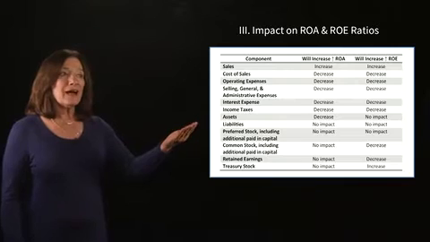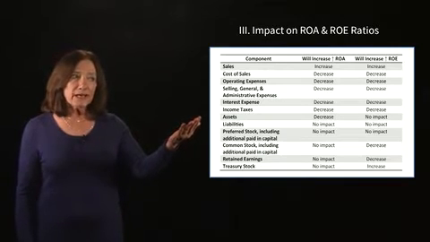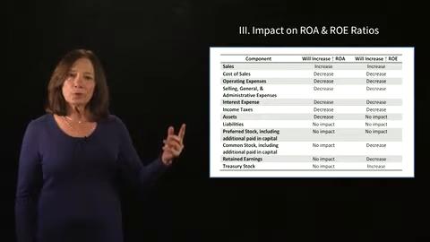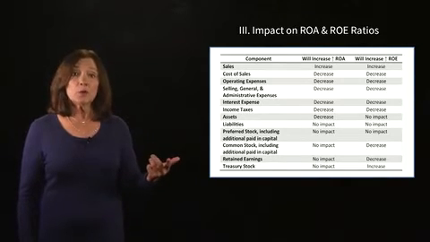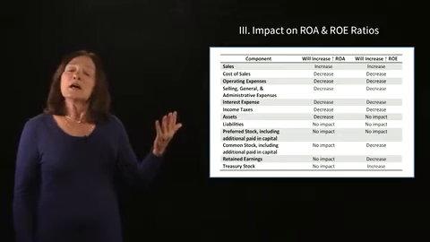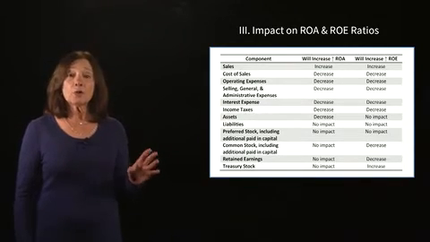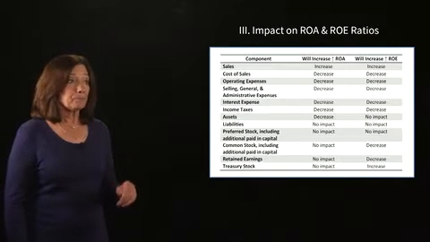Now, when we move to assets, we would have to have a decrease in assets in order for our ROA to go up. But a change in assets has absolutely no impact on the ROE calculation.